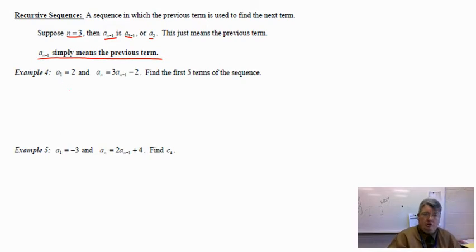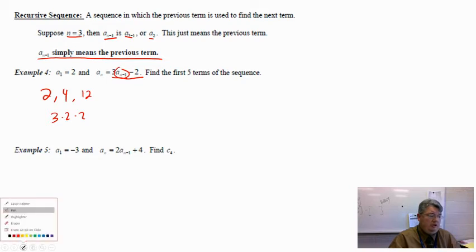So in a recursive sequence, I've got to know the first term. Example 4 says a sub 1 equals 2, and a sub n equals 3 times a sub n minus 1, minus 2. So this is saying 3 times the previous term, minus 2. This is going to be found by going 3 times 2 minus 2. Well, that's 4. The next term is going to go 3 times 4, which is 12, minus 2. That's 12.